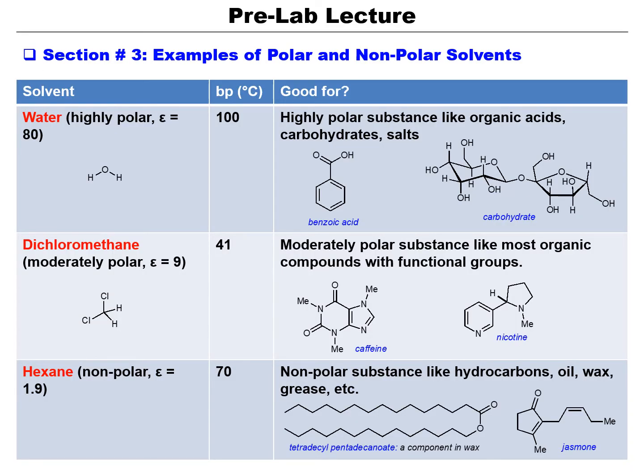Examples of solvents, beginning from water, which is the most polar solvent we have. To simply distinguish the polarity of water, see the charge separation between oxygen and hydrogen, where the electronegativity of oxygen is 3.5 and the electronegativity of hydrogen is around 2.1.